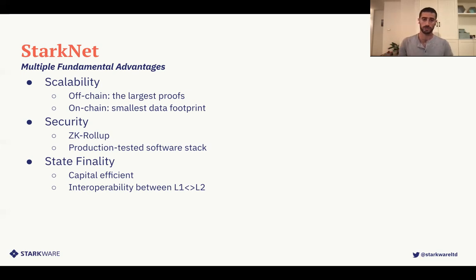And on the on-chain part, we have the smallest data footprint. First of all, again, using Cairo, we are able to make huge optimizations on the on-chain data. Just to give an example, applying a Huffman tree on the on-chain data can reduce it by a significant factor and is not very hard to implement in Cairo.